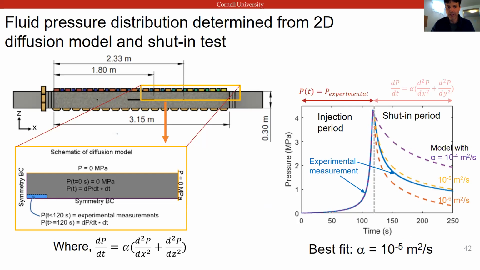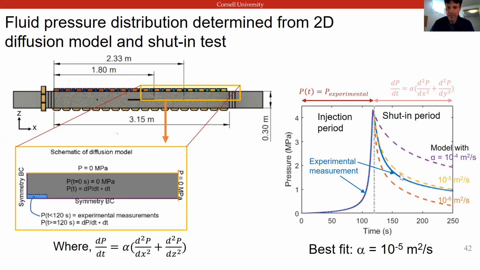And then we created a finite difference model of this process. What we do is we impose in the model on this trough the pore fluid pressure that we measure until the shut-in, and then we just let the model do what it will, and impose symmetric boundary conditions there. We model it with different alpha coefficients, different diffusivity coefficients.